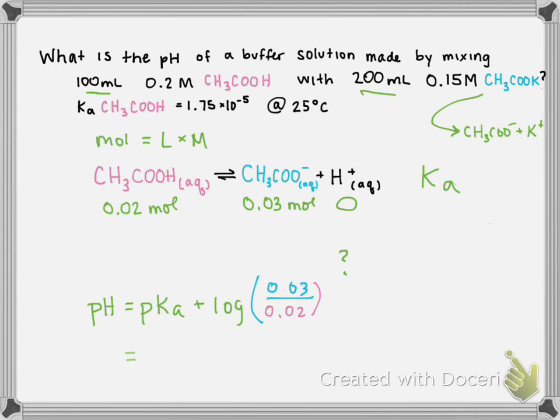And so this is going to be equal to the negative log of our Ka to get pKa, plus that log. And we can punch this in and see that our pH will end up being 4.93.